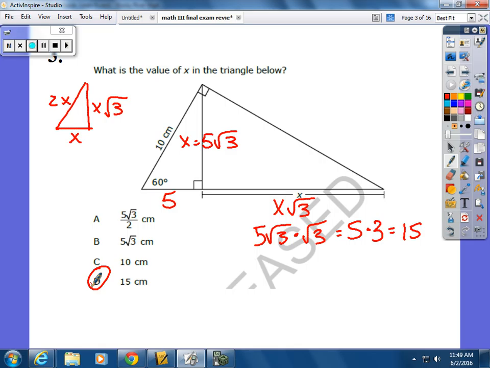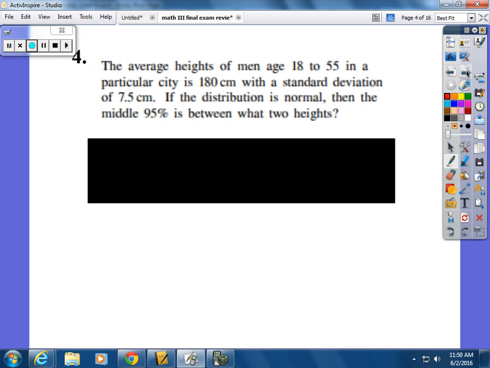Number 4. The average height of men age 18 to 55 in a particular city is 180 centimeters and standard deviation 7.5. What is the middle 95%? Okay, so you're going to make your normal distribution, put the 180 in the middle, then add.